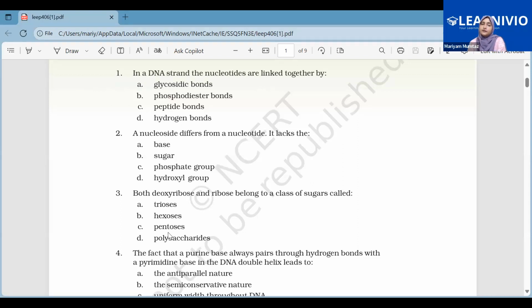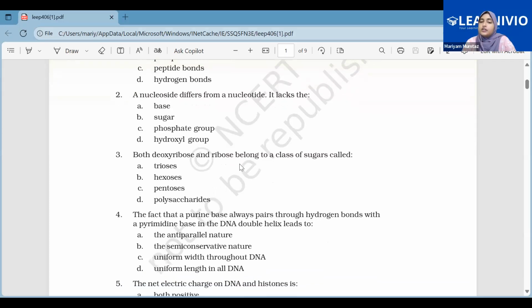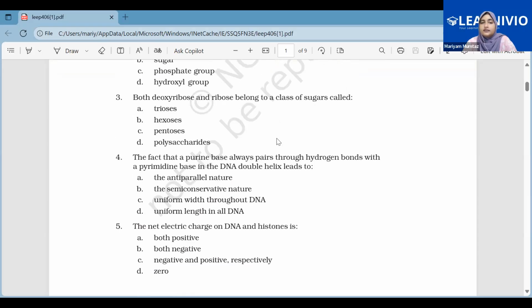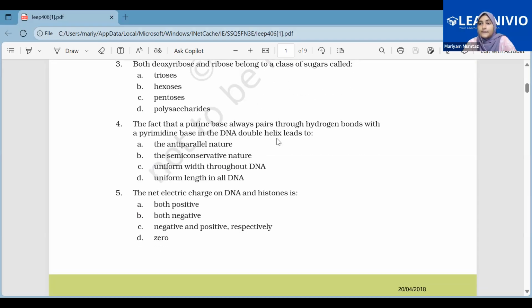Phosphate group. Very good. Then both deoxyribose and ribose belong to the class of sugar called as pentose. Pentose meaning how many carbons are there? 3. 5. Oh, sorry, 5.